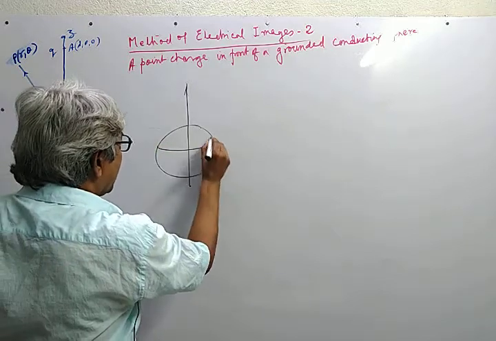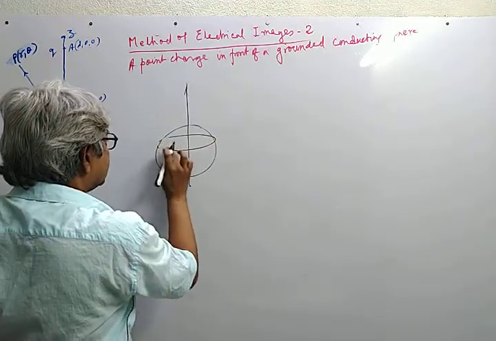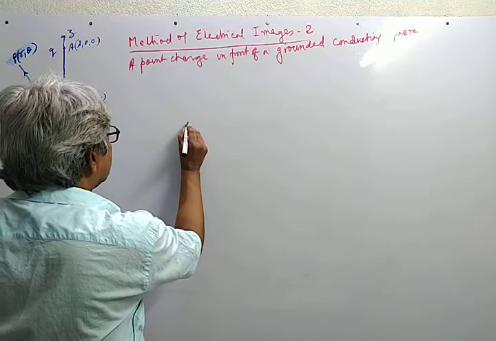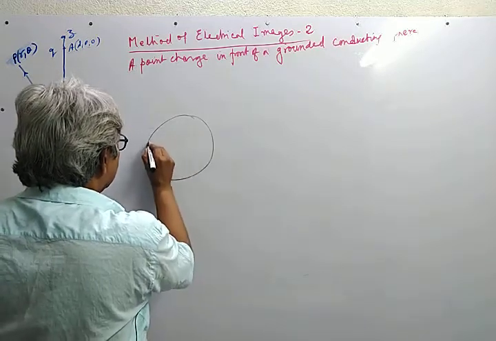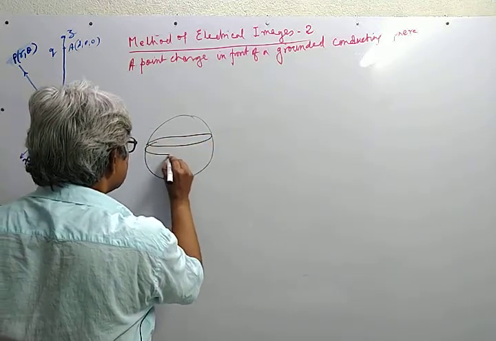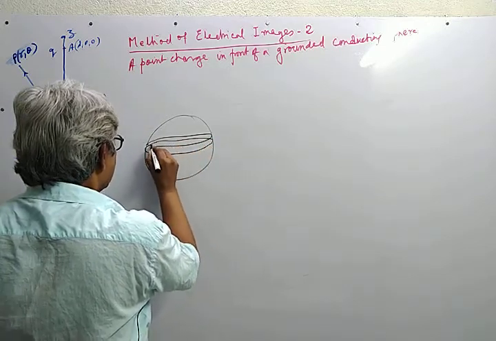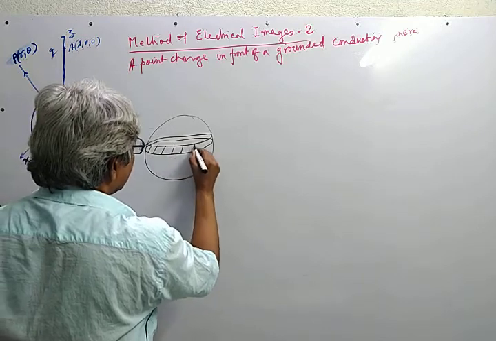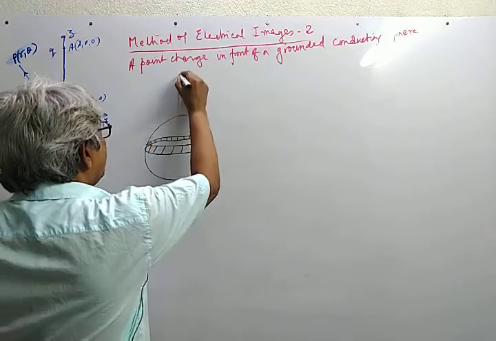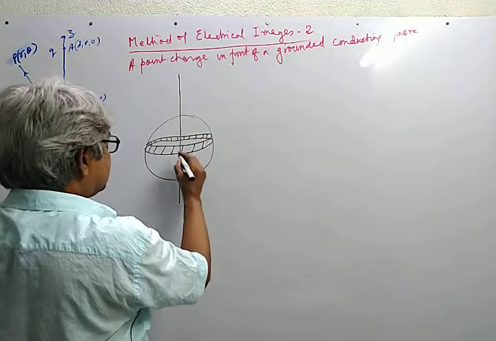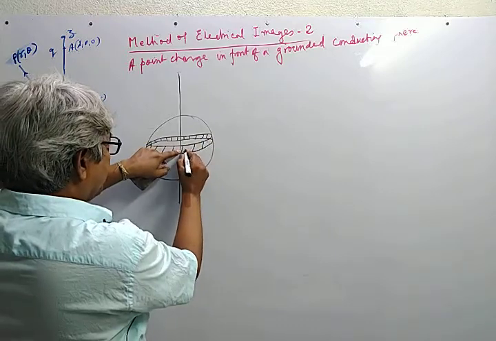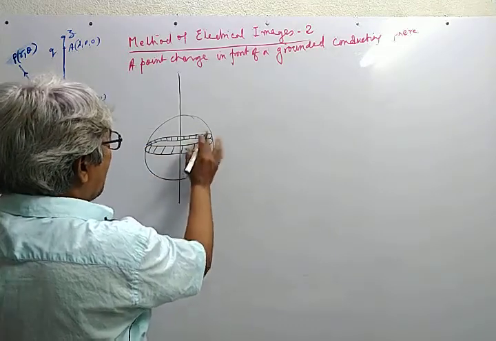If we consider a strip on the sphere, and this is the z-axis, then moving from one point to another on the strip, only phi changes.